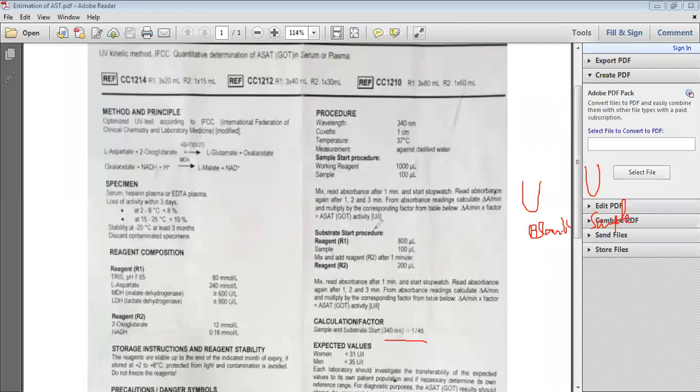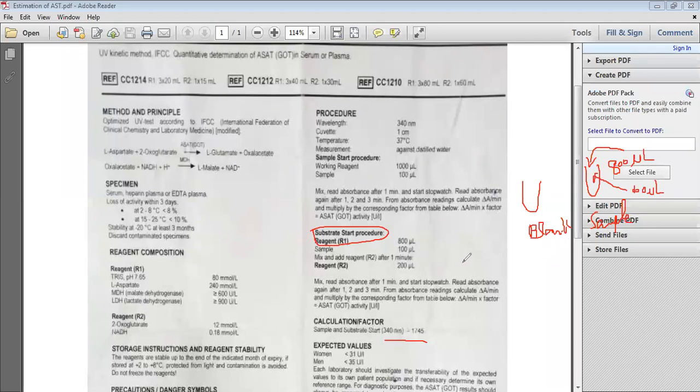First of all, you will start with the substrate start procedure, and in the sample test tube, you will take R1, its volume should be 800 microliters, and then you will add 100 microliters of sample solution.